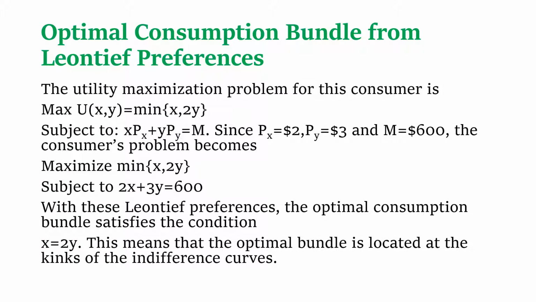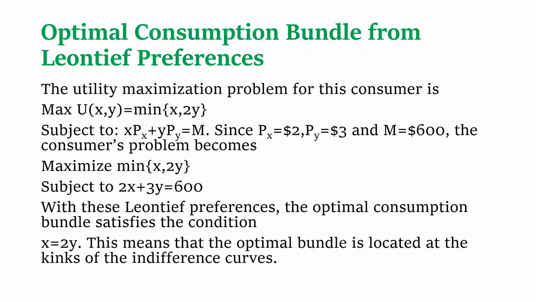So let's try to solve this problem. The utility maximization problem for this consumer is what? Maximize utility of x, y equals to the min of x and 2y, subject to x px plus y py equals to m.